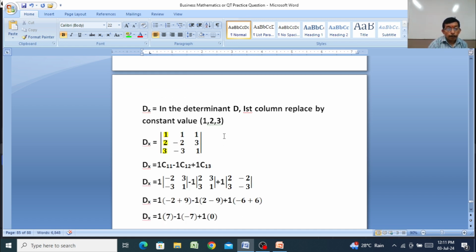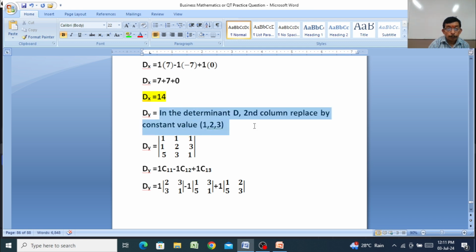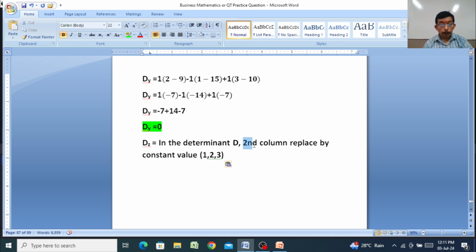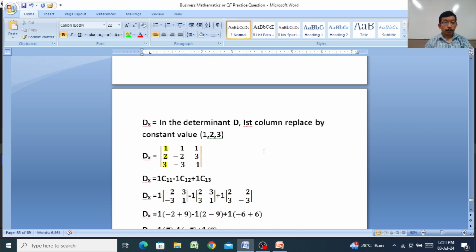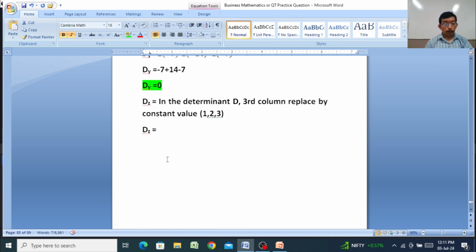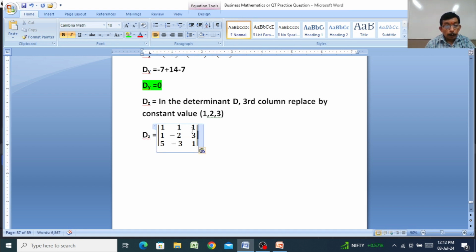First we note down the determinant d, and the third column is replaced by 1, 2, 3: the first entry is replaced by 1, the second by 2, and the third by 3.